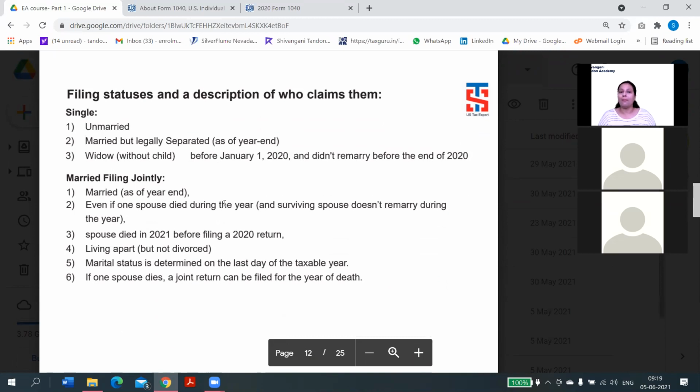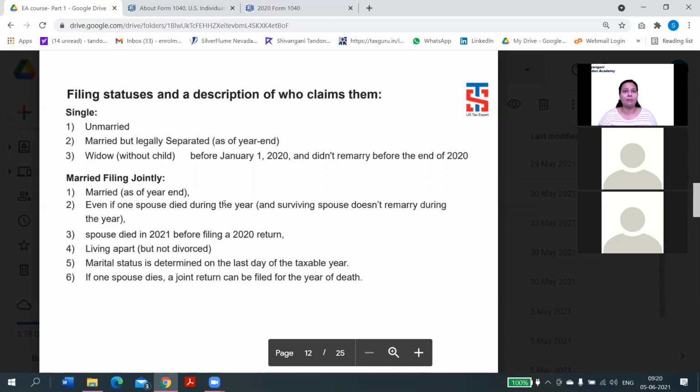Married but legally separated as of year end. Your status on 31st December matters a lot. Whatever your status is on the last day of the year will be the filing status considered on the return. So if on 31st December you are a bachelor, you will be filing as single.